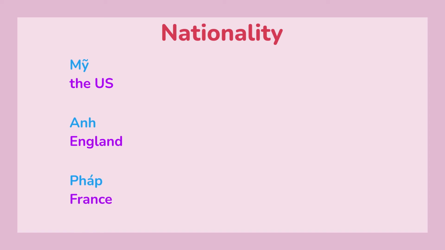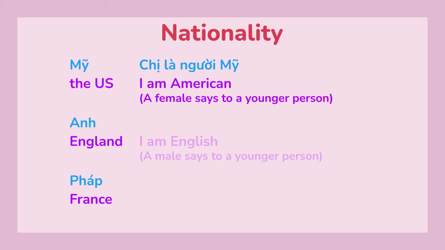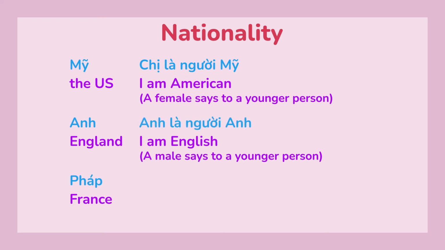Now, if you're female and you want to say I am American to a younger person, you could say, yeah, chị là người Mỹ. Also, if you're male and you want to say I am English to a younger person, you should say, yeah, anh là người Anh.